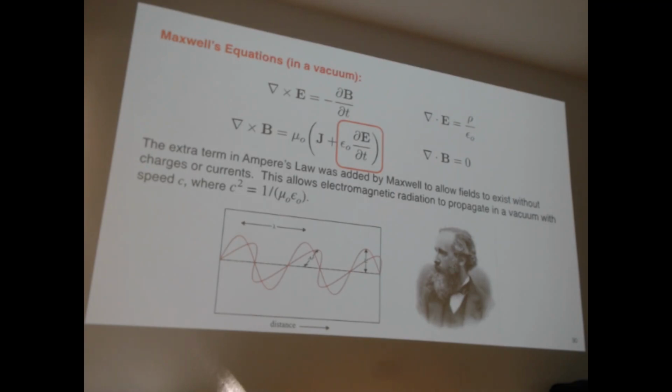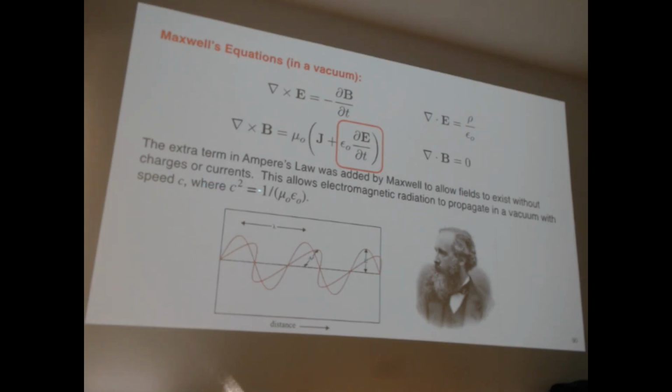That extra term in Ampere's law that Maxwell added allows magnetic fields to exist without electric current, or even without charges. This is the permittivity of free space. And this is a little bit of magic that allows an electric and magnetic field to exist in a vacuum in a way that creates light propagating.